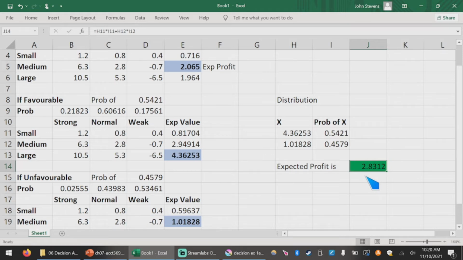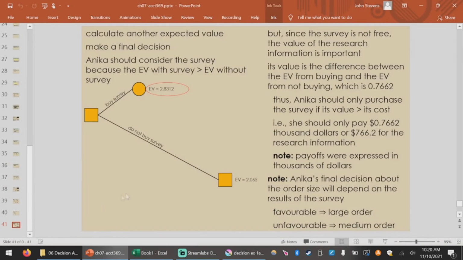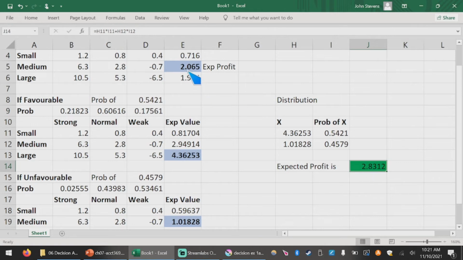Still get the same answer. So everything is the same here in terms of the discussion. See how much more do I expect to make? Is it worth paying for the market survey? Well, the market survey only cost 150. I'm making way more than that, right? So on average, of course, but that's all I can really do.